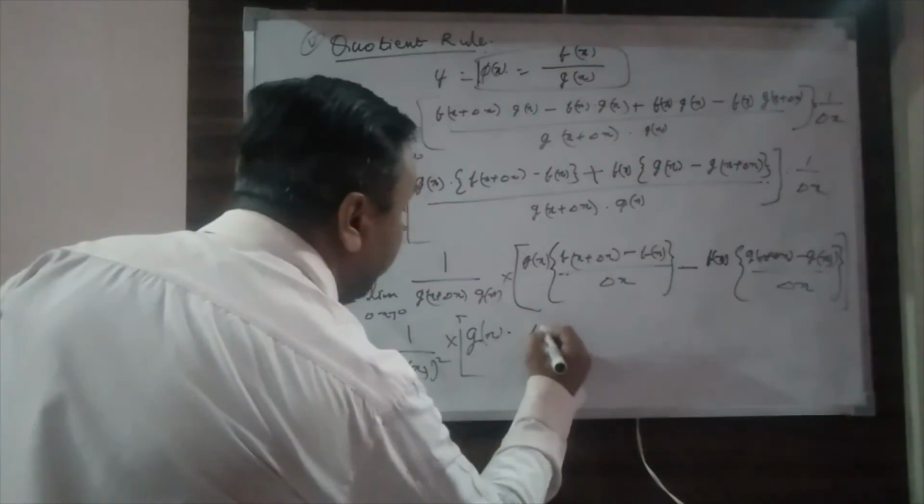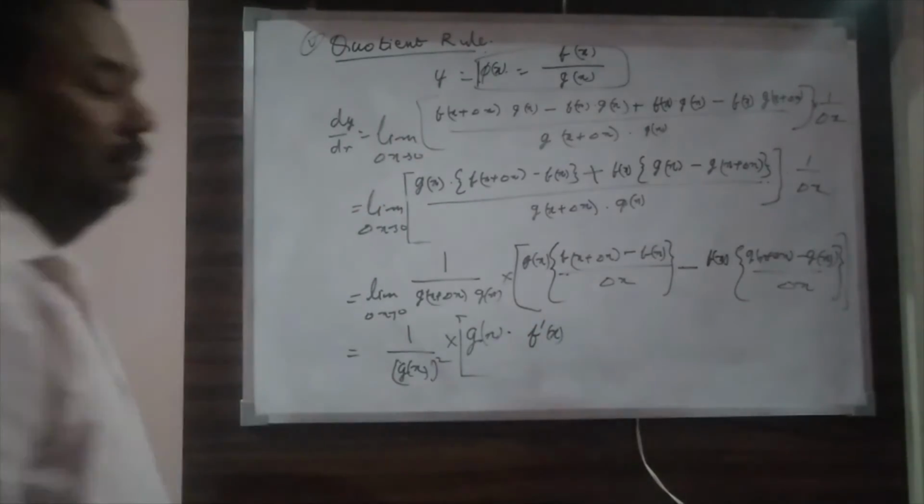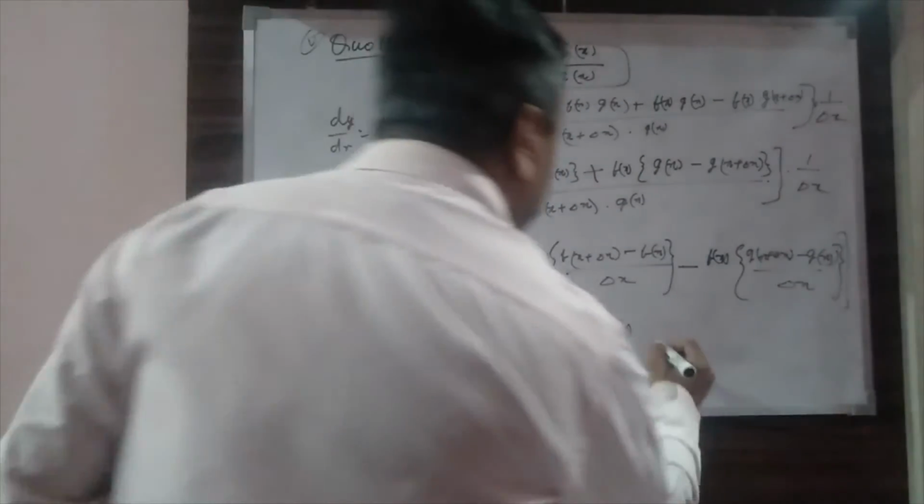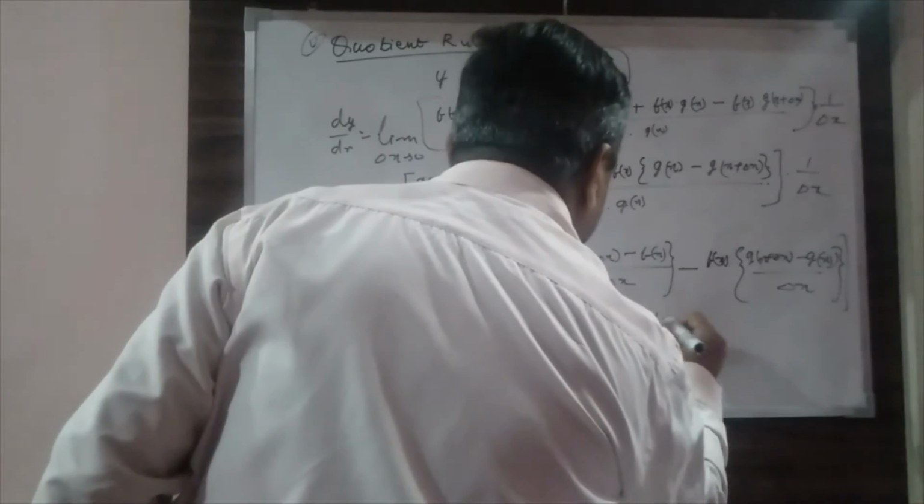We get f dash x. Okay. Similarly, minus fx, and what this is? This is g dash x.